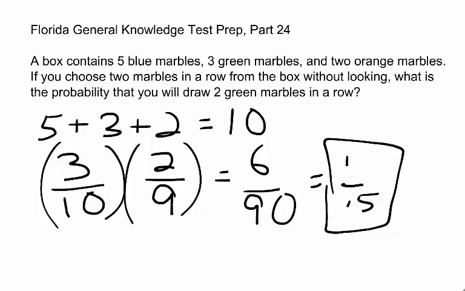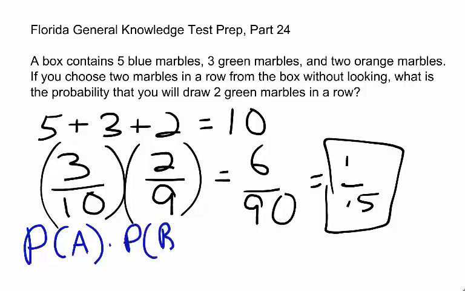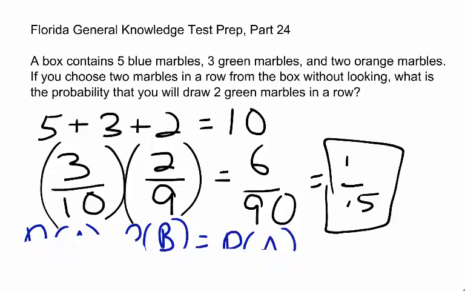Formally, we used a formula called the general multiplication rule for independent events. Let me back that up a little bit and restate it.